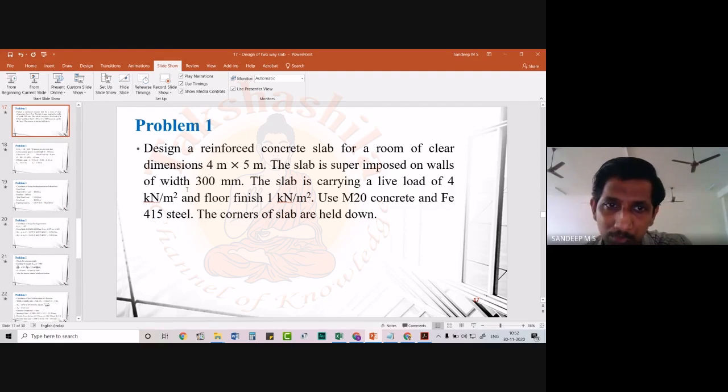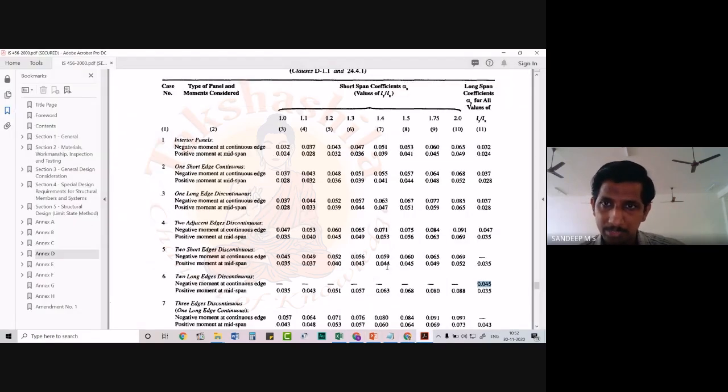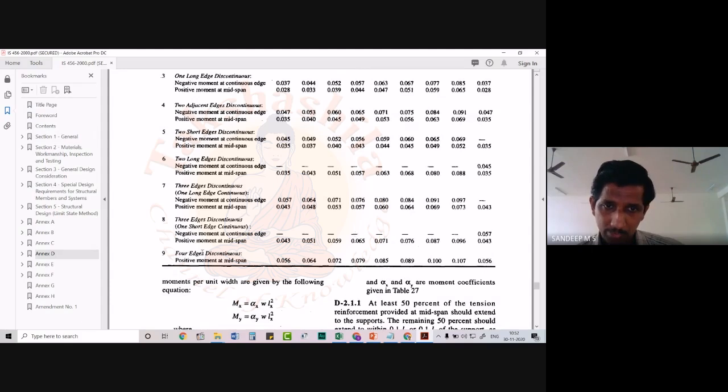The slab is superimposed on walls of width 300 mm, and there is nothing mentioned about the continuity on any of the sides. So let's take it as a slab simply resting on the wall with all four sides discontinuous. Now from table number 26, you know how to calculate the value of alpha x and alpha y. In this particular case, we have alpha y by alpha x equal to 1.25. Going back to table number 26, 1.25 will come in between these two values, and going down, we have 4 edges discontinuous.